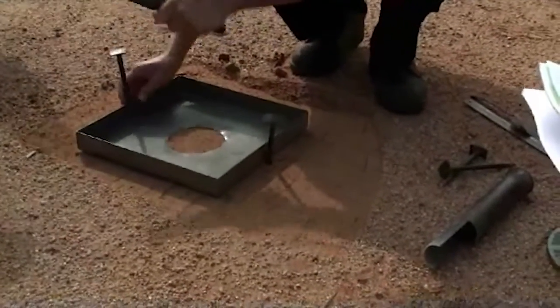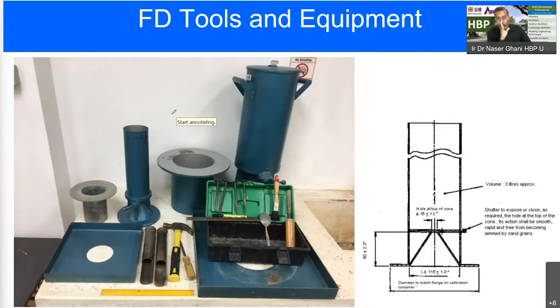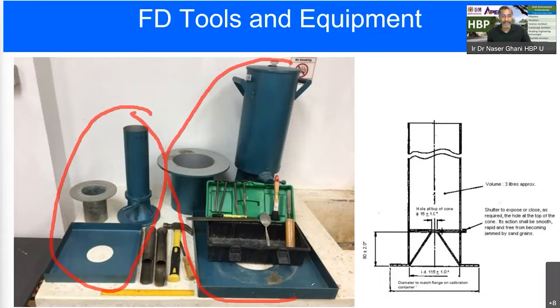Actually, there are two units of tools here. One is over here, and the other one is this one here. You can see they look similar, right? The one on the left is the equipment for the sand replacement method for soil.